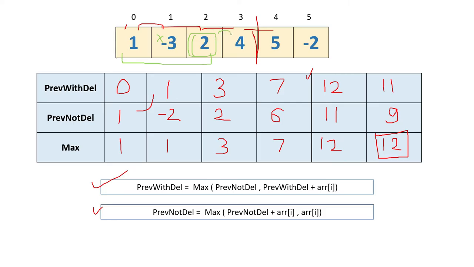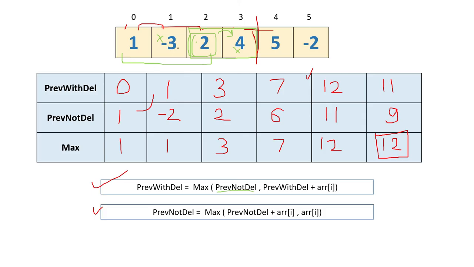Now when I come here, I have to take some decision or choice. As we are maintaining the previous value with deletion, if it is a fresh start from 2, then I have the choice of taking the 4 or not taking the 4. But as it is previous with deletion, I will not take 4. So 2 will be the only one there. That is the previous not deleted value. And one more choice we have: whatever value I got already as previous with deletion means I already dropped something there.